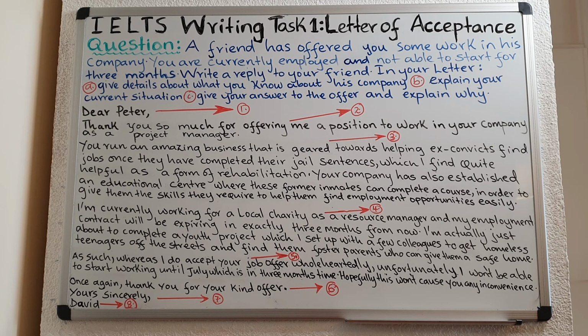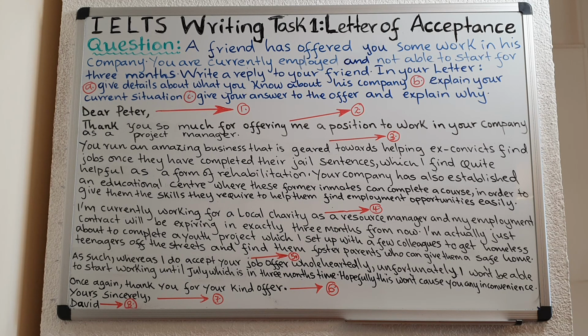The other tip that I'm going to give you is, in this letter, I'm aiming for a band 9. For me to get a band 9, I need to use the correct vocabulary, but I also need to use a lot of compound and complex sentences. Remember, a compound sentence has one linking word.